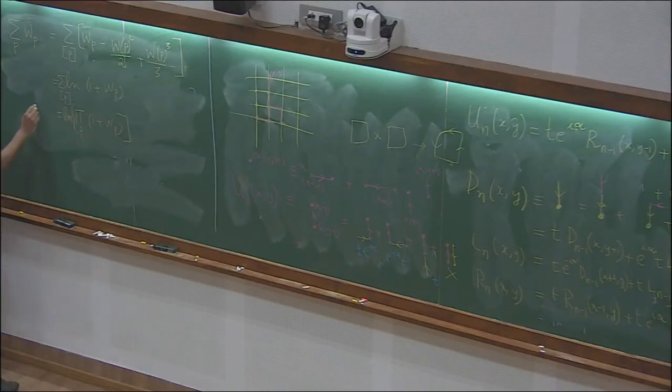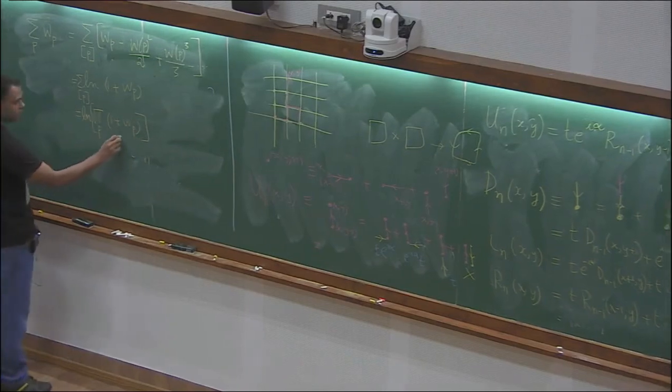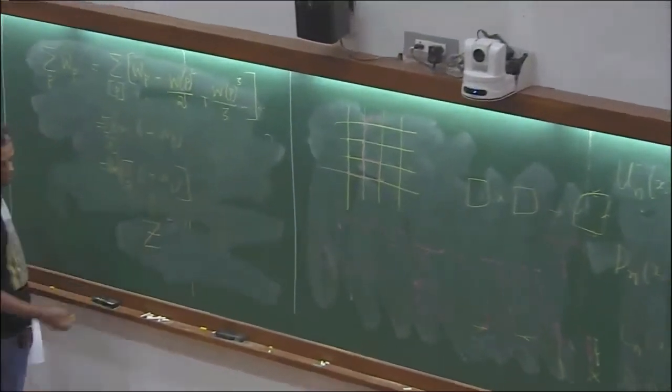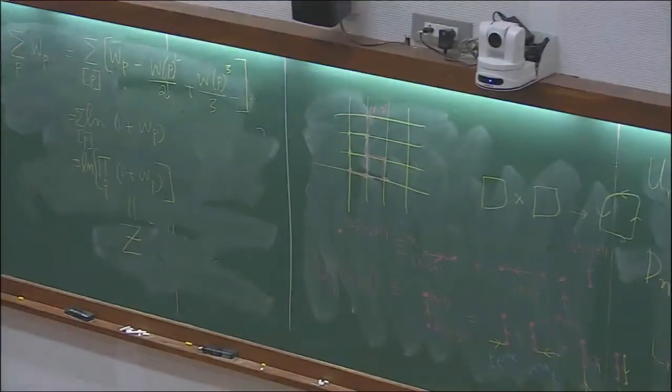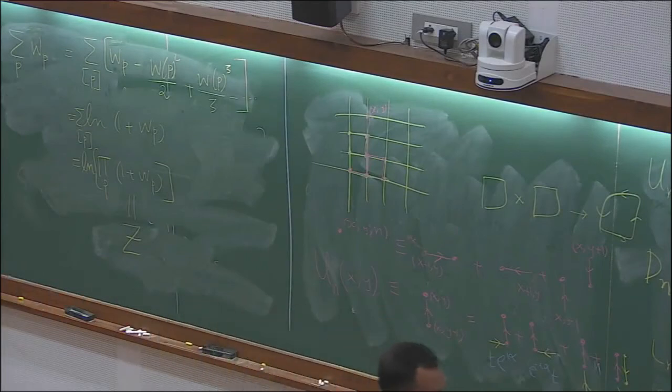But this was my partition function. This is the partition function of the Ising model. And that gets related to that particular, so if you can evaluate this particular quantity, then you get the partition function of the Ising model.